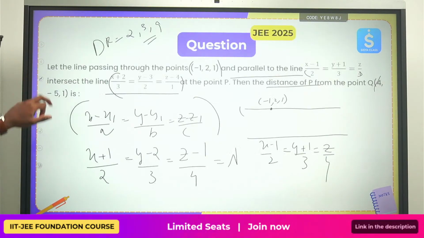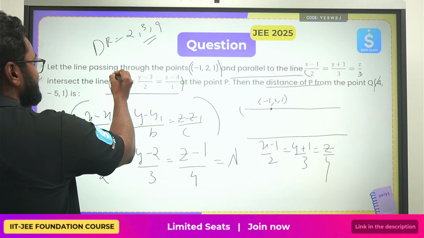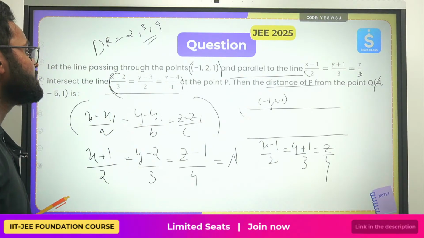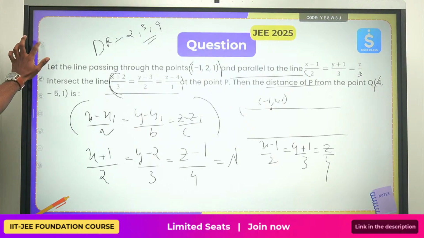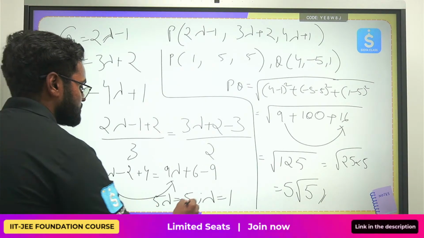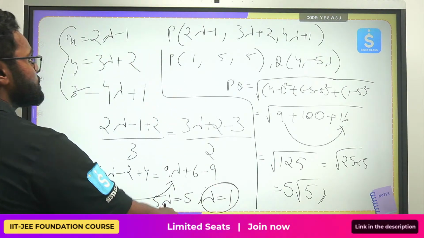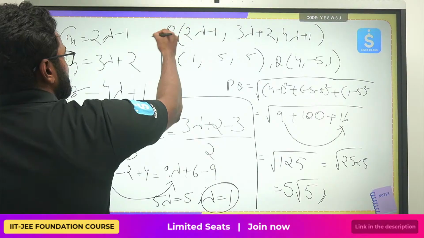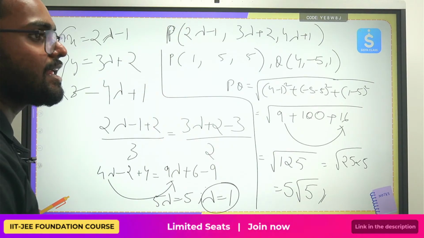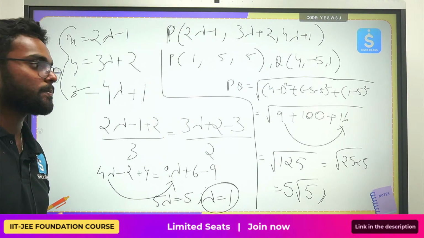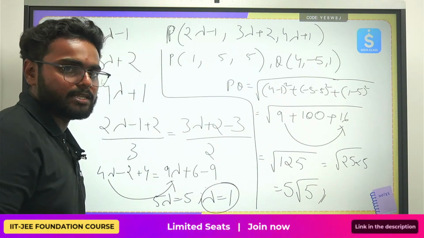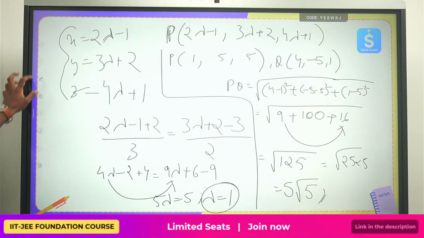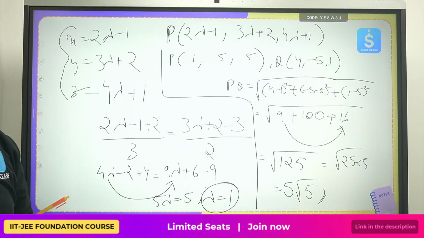We equated them to the intersecting line at the point P. So basically we got the value of P, and using that we found the value of sigma, that is 1. We put the 1 in the P point, we got the P equation, and finally we found the distance PQ using the formula x2 minus x1 whole square plus y2 minus y1 whole square plus z2 minus z1 whole square.